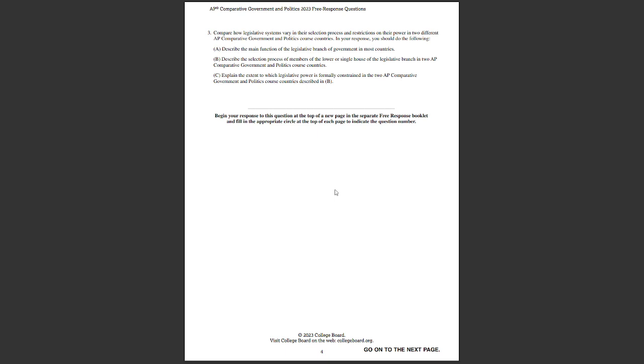So for C, I put in the United Kingdom: to a small extent, legislative power is formally constrained. The reason is that in the United Kingdom, the legislature basically rules the country. The executive comes from the legislature.